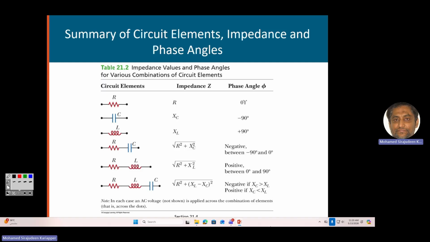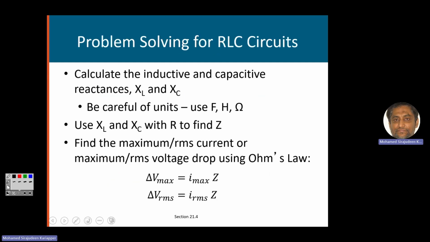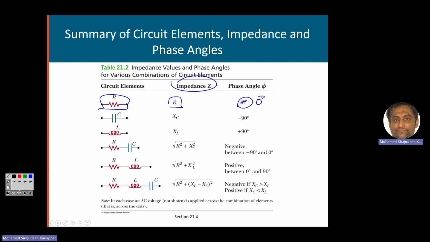Summarizing what we learned so far, we can put them all together. If you only have a resistor, the impedance will be just R, the resistance value, and the phase angle will be 0. When you only have a resistor, the current and voltage are in phase, so the phase angle is 0.